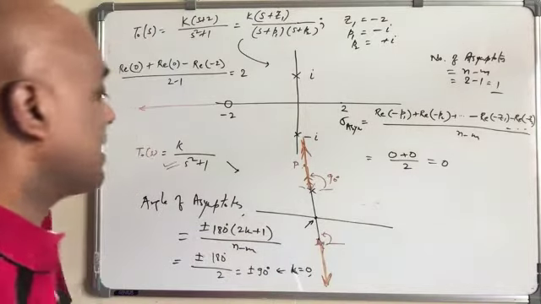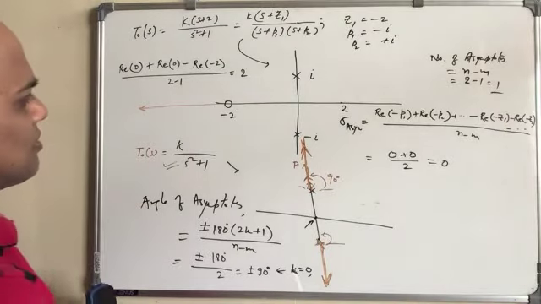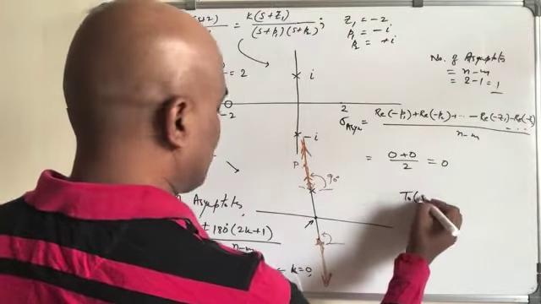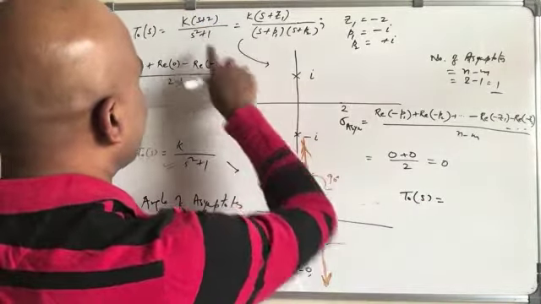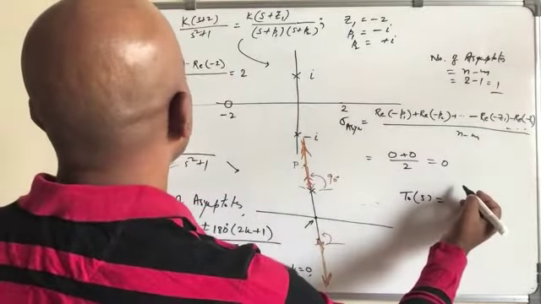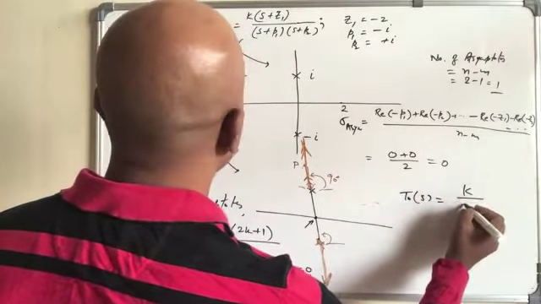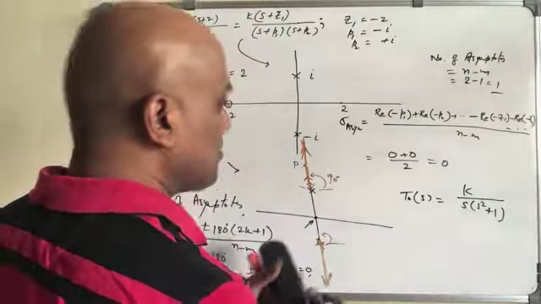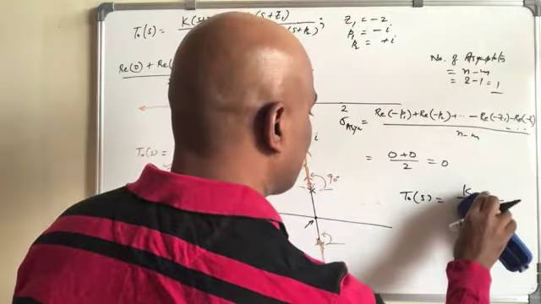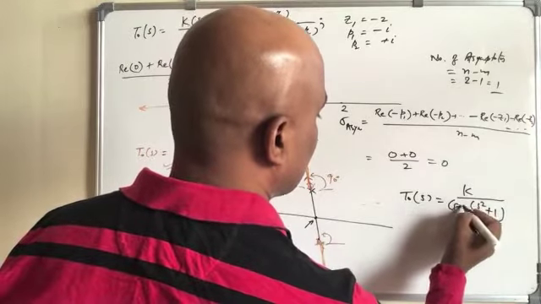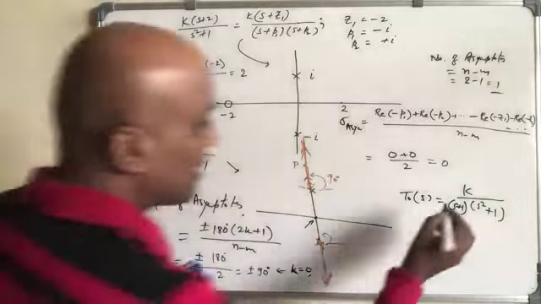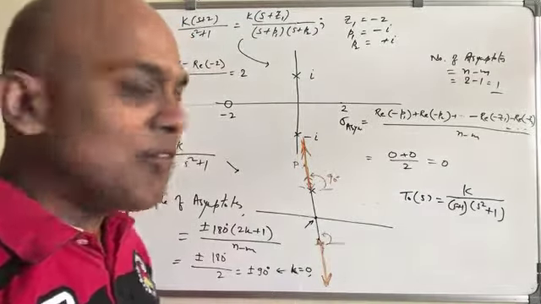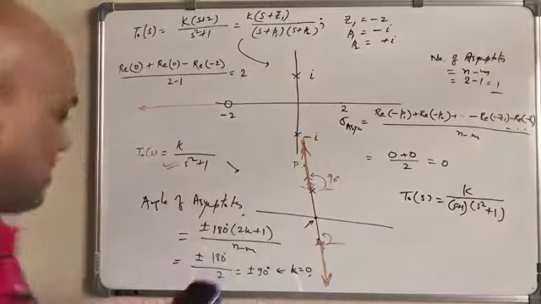So for example, if you have three asymptotes, the example could be, let us say, T naught s equal to k over s, then s square plus 1, maybe we write s plus 1 here, like this. K over s plus 1 multiplied by this. Then how will you find out how the root locus will be?